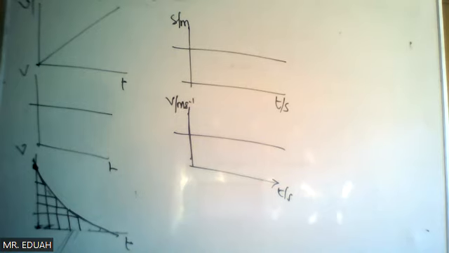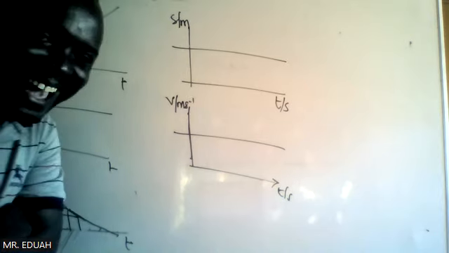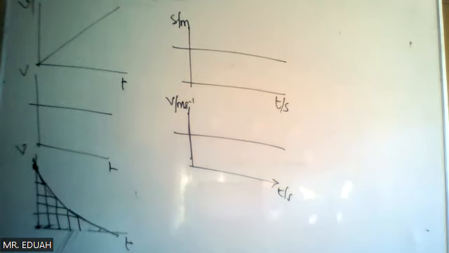Sir, please, the first one is a displacement time graph, and the second one is a velocity time graph. Nana Kwame, I won't give you anything for this observation. Is that all, Nana Kwame?